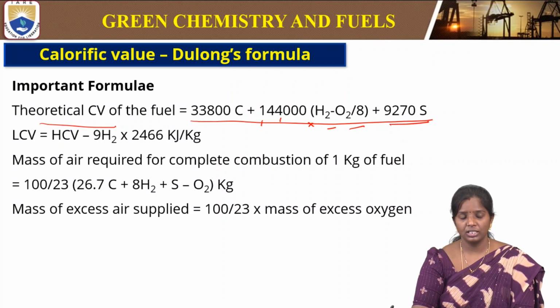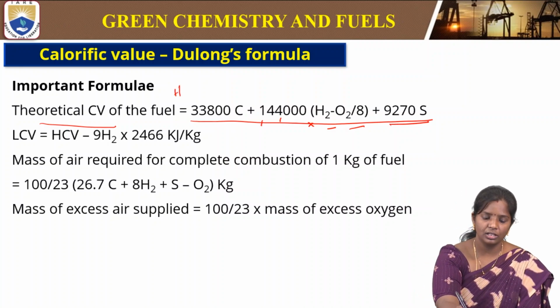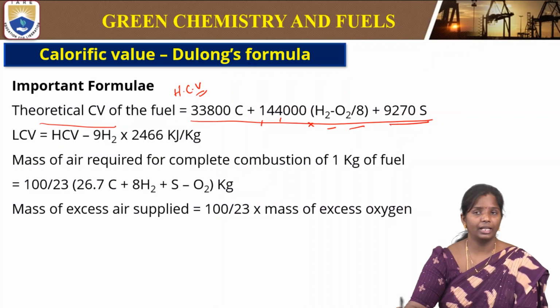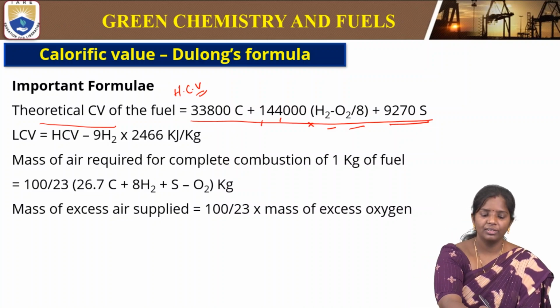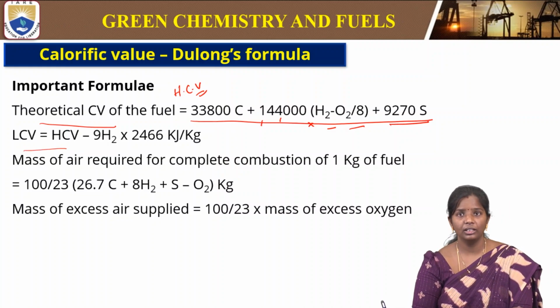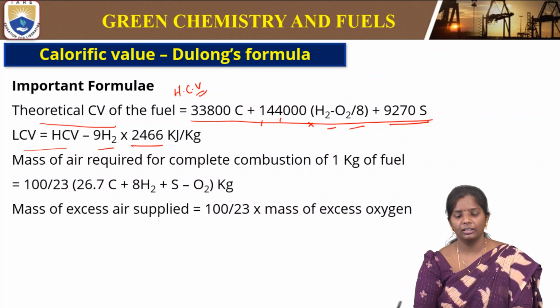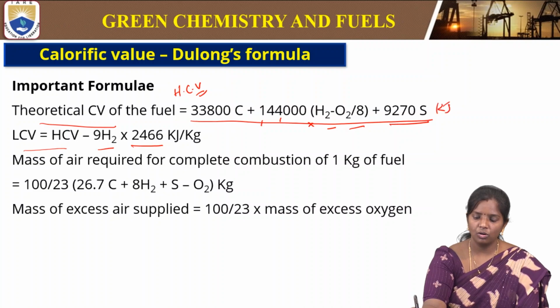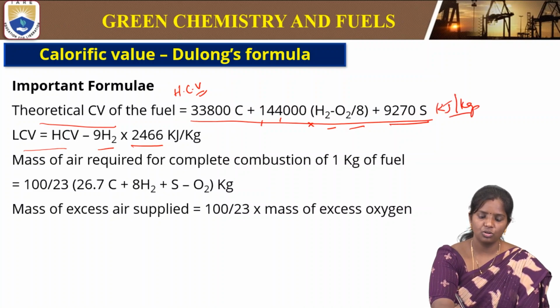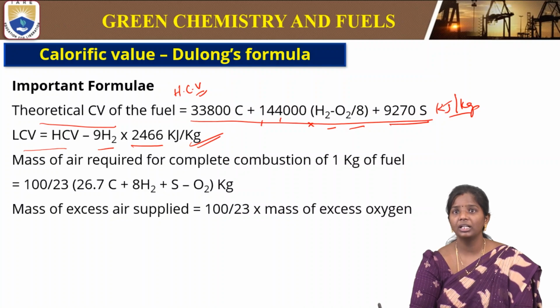So this we have to consider for the HCV, the higher calorific value, and the lower calorific value as we discussed in the previous slide, HCV minus 9H2 into 2466, given in kilojoules per kg.